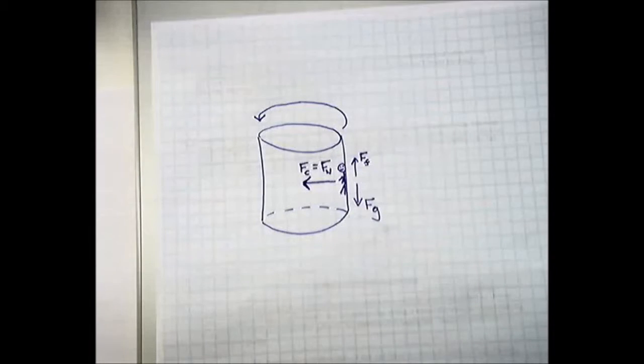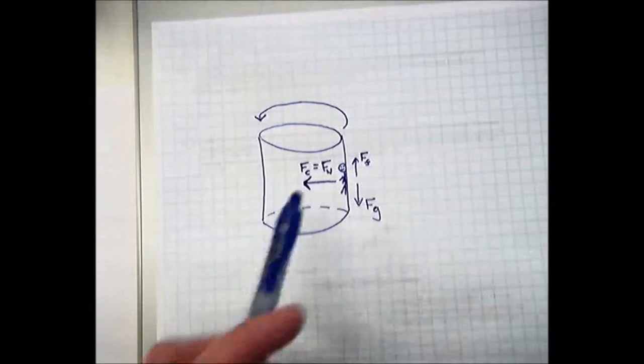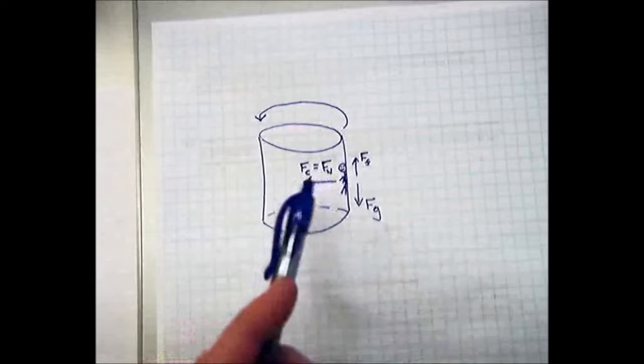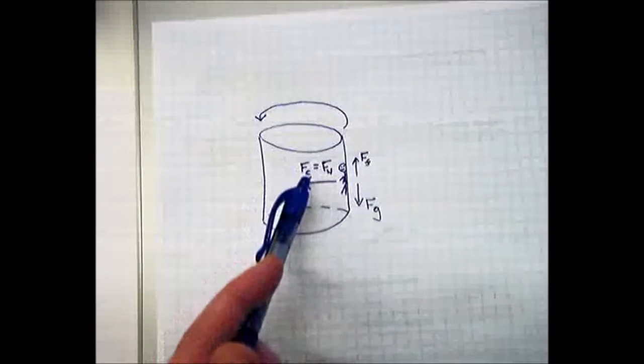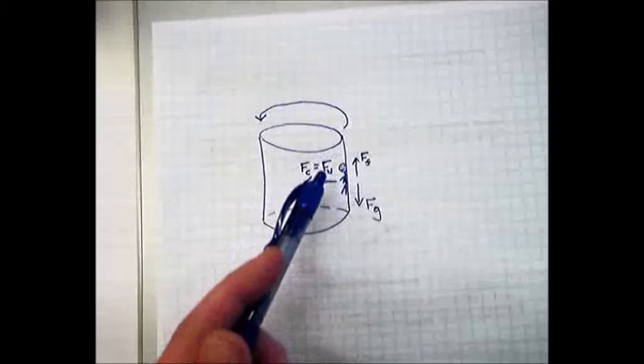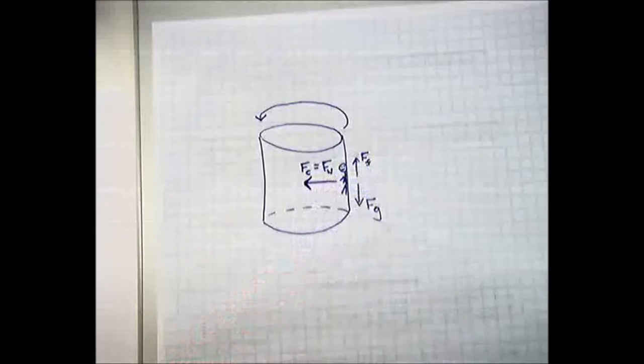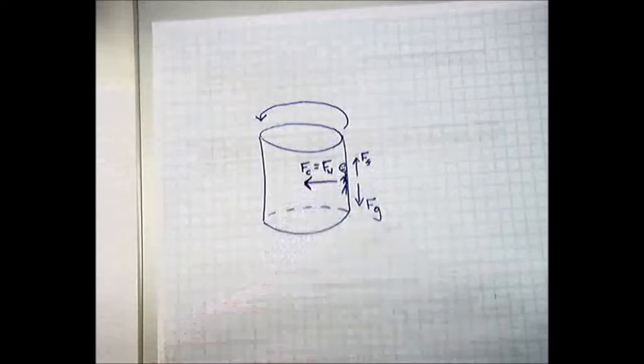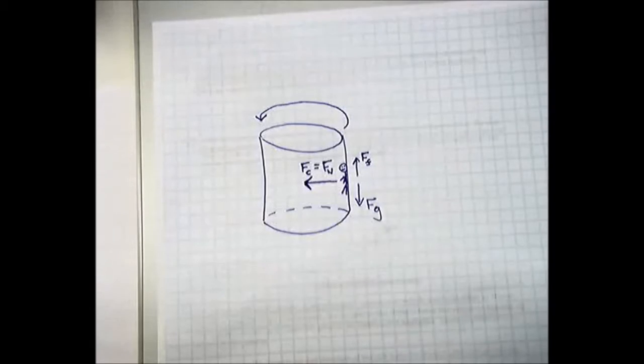Okay, so if we're looking for the coefficient of static friction, how does that involve centripetal force? We're going to make a whole bunch of leaps. If we can calculate the centripetal force, then we'll know the value of the normal force, and then you have to remember that the equation for friction is based off of the amount of normal force being applied.